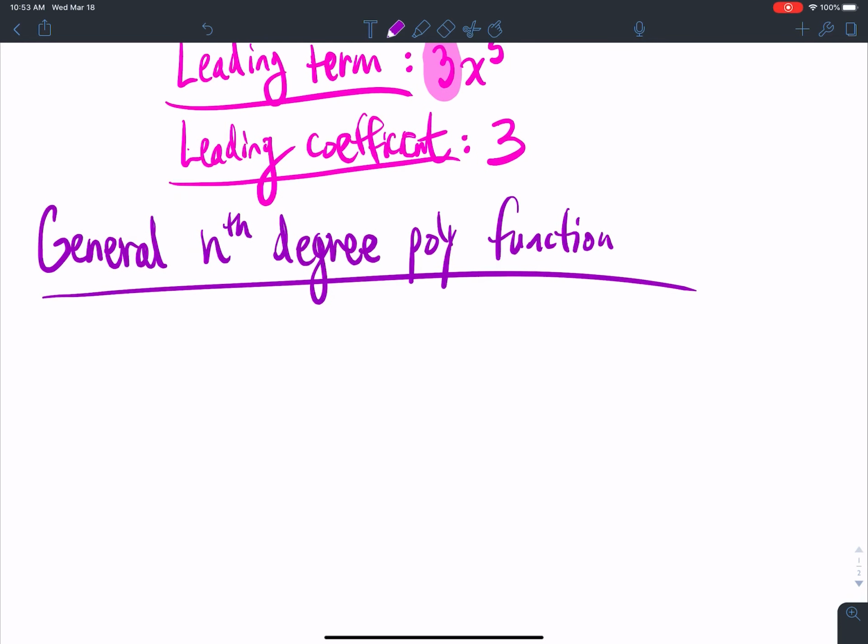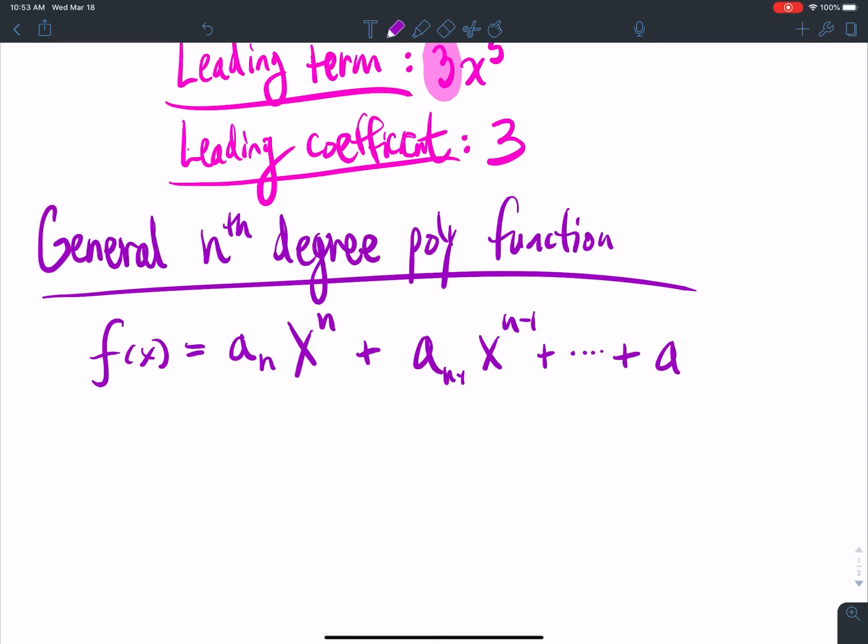This is f of x equals a sub n, x to the n, plus a sub n minus 1, x to the n minus 1, plus blah, blah, blah, all the way down to a sub 1, x to the 1, plus a sub 0. And if you want to put x to the 0, you could, but what is x to the 0? This is just 1. So that last term is just a constant. Okay.